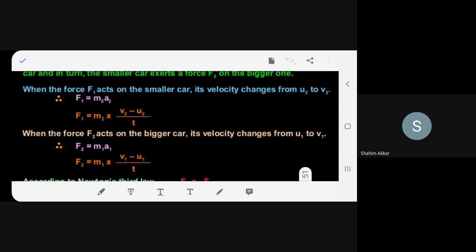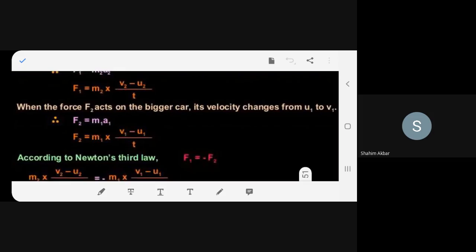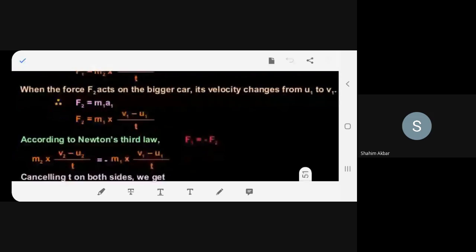Same way, we talk about the reaction by the smaller car on the bigger car. It will be F2, applied on the bigger car. The bigger car mass is m1, and what is acceleration? a1. So it is m1 into (v1 minus u1) upon t. And we know that Newton's third law depicts that F1 is equal to minus F2.